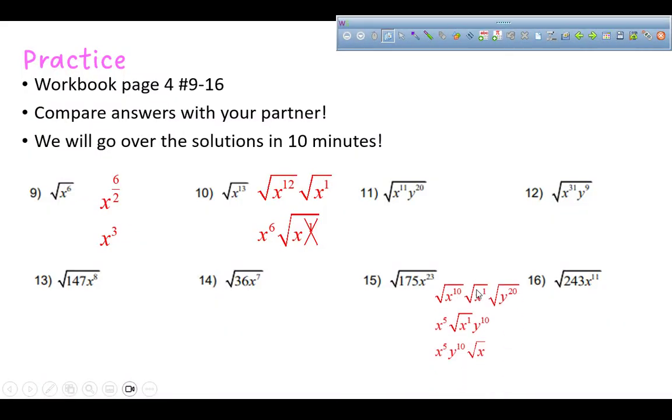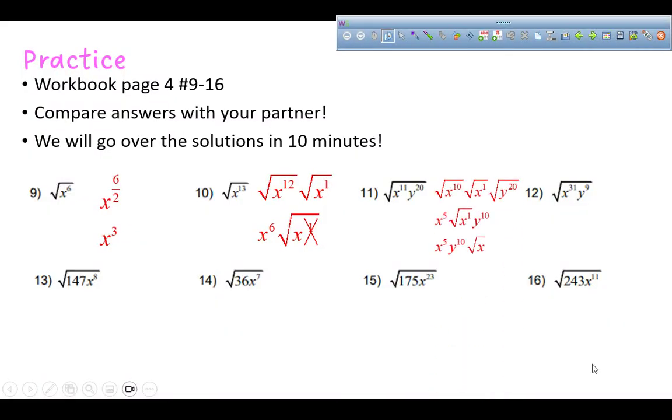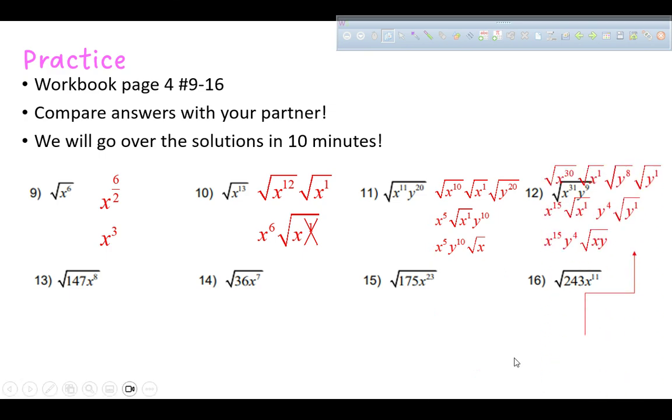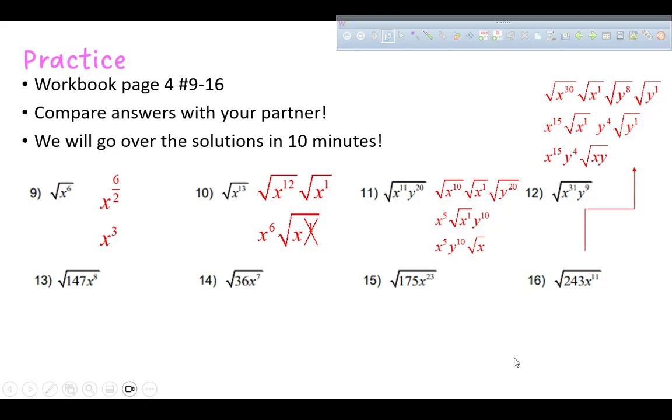You don't need to have the 1, all right? For the next one, I split the x into 10 and 1. For the y to the 20th, I didn't have to split that up because it was already even. And then you'll see in my final answer, I just rearranged the order. And then I did this one up top here, okay?